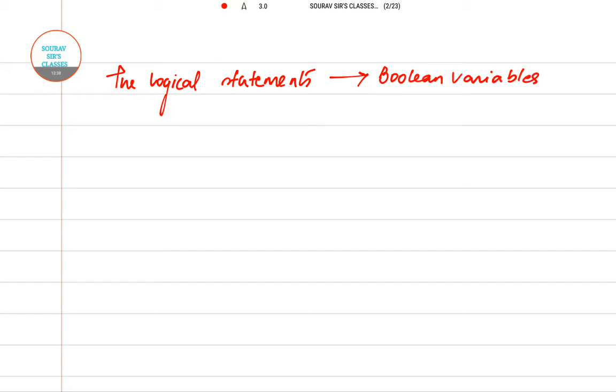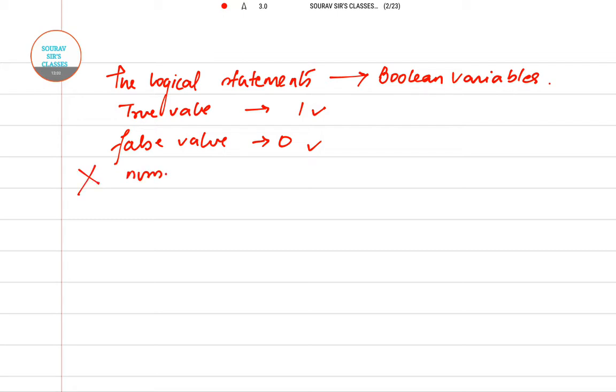Now if I tell you more about the true value and the false value, the true value of a Boolean variable is denoted by 1 and their false value is denoted by 0. It is noted that the symbols 1 and 0 have nothing to do with the numerical values 1 and 0.